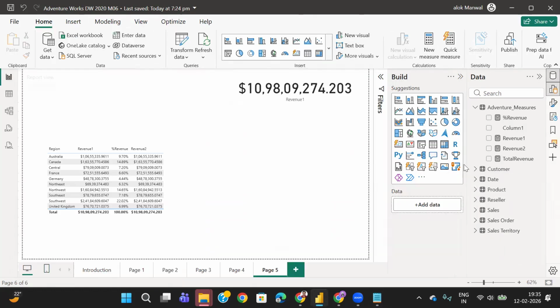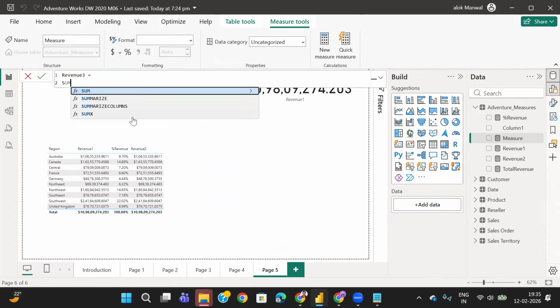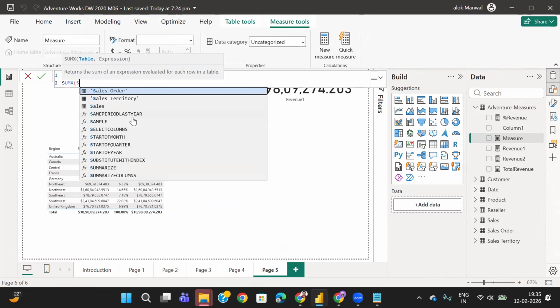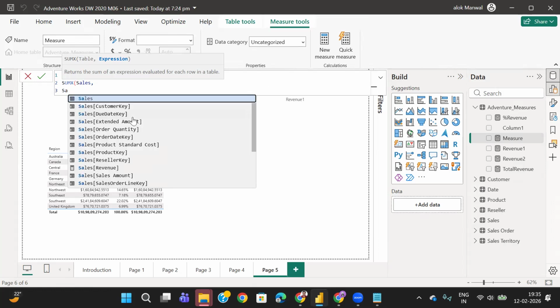Now let me go to the revenue third measure. Now we have already made this SUMX formula, the SUMX calculation, where we have to give the sales table, and then the expression was sales amount, correct?